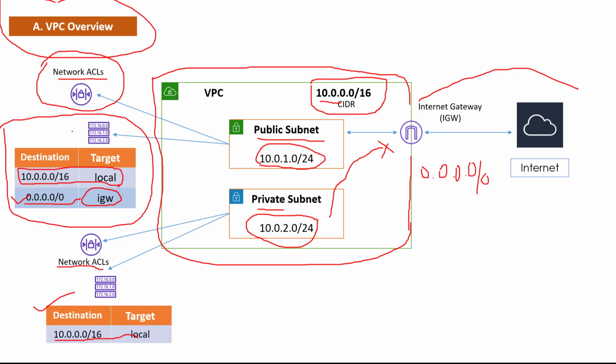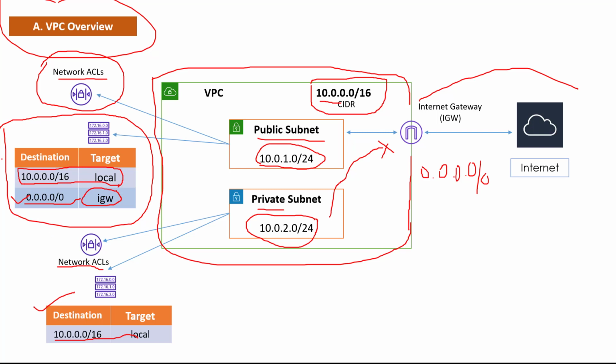There may be a case that there is one ACL which is attached to both the subnets, or there may be one routing table which is attached to both subnets. So it's up to you how you define your infrastructure in the cloud.